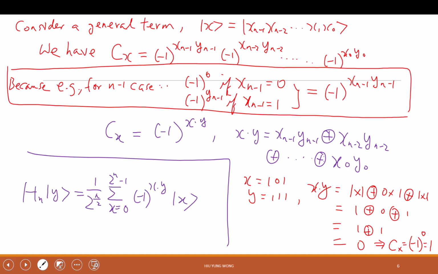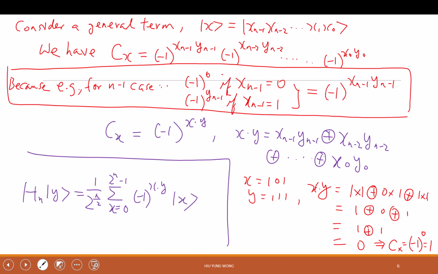The probability is 1 over 2 to the power n. Very good, for each of the bases. And what are the bases? Yes, the bases are 0 to 2 to the power n. It means every basis in the space, right?